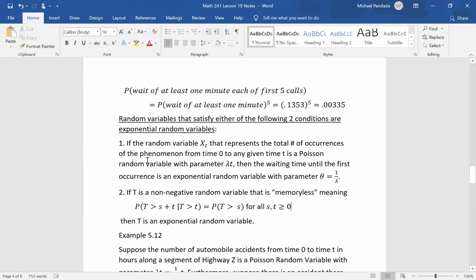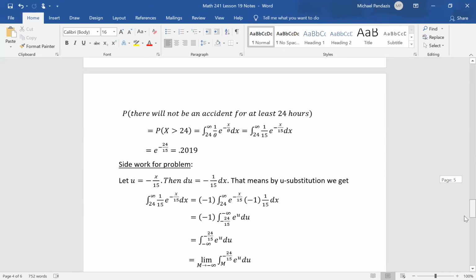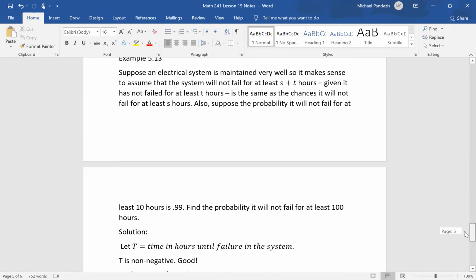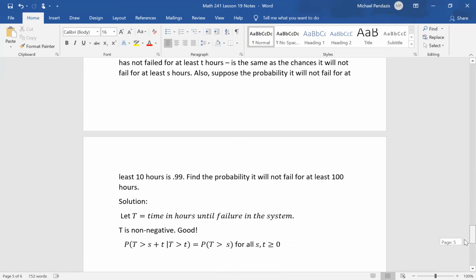So the probability that the system will not fail for at least s plus t hours, given that it has not failed for at least t hours, is the same as the probability that it will not fail for at least s hours.